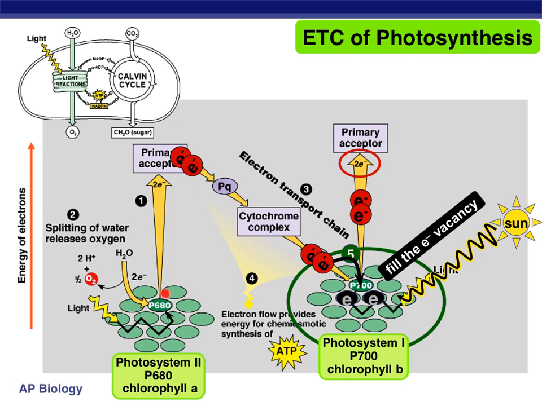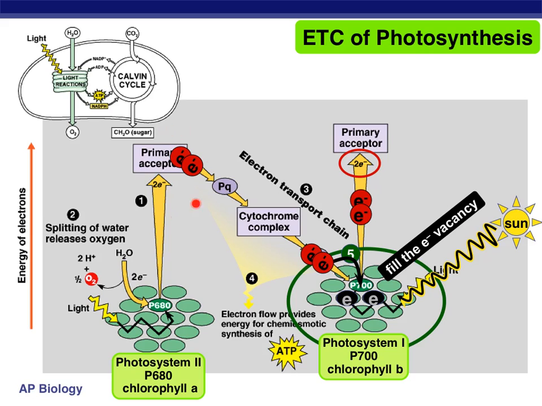We need to replace these electrons that we've just excited, and we do so by splitting the water that our roots have taken up. We're going to have the oxygen leave through the stoma, and we're going to take electrons away from the 2 hydrogen molecules we have left to replace the ones that we already lost. Those hydrogens are going to get stored for later use in the electron transport chain.